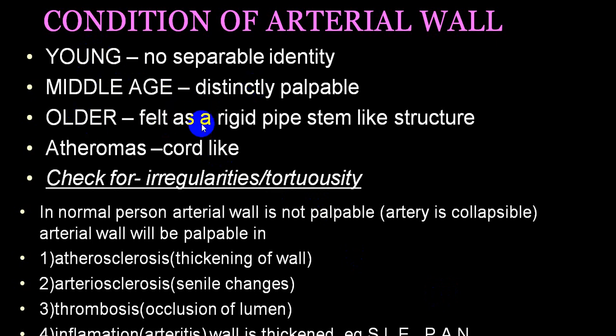In the older age, you can palpate and roll it below your finger, and it will be palpable like a cord-like structure because of atherosclerosis, and in a very senile person because of arteriosclerosis. And another condition is arteritis, and if the complete artery is thrombosed, then it can also be palpable.